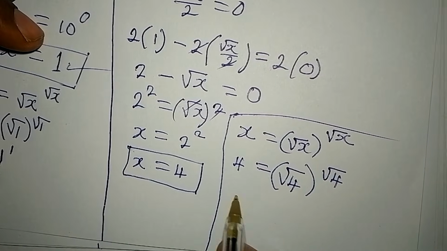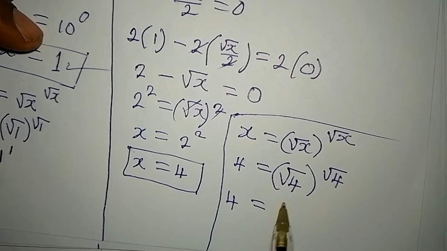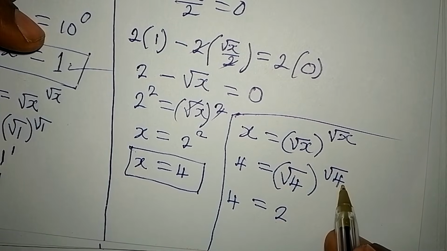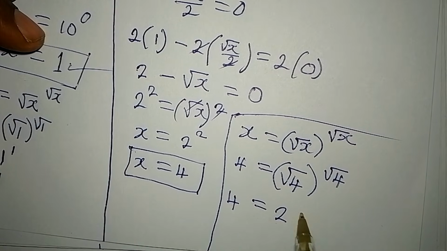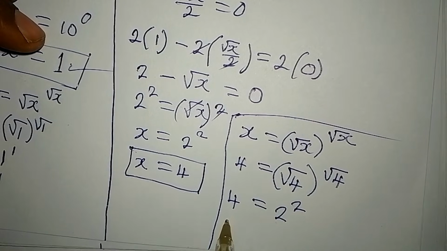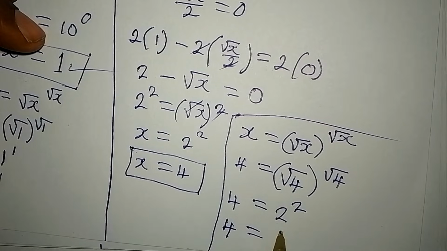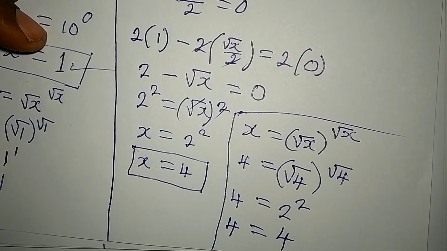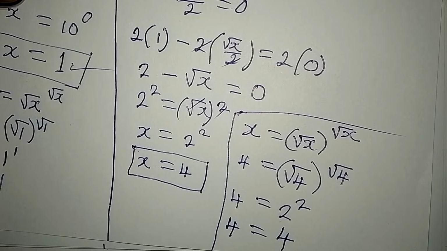Now this means that we have 4 here, and it's equal to square root of 4 is 2. And then square root of 4, which is the power, is also 2. And 2 to the power of 2 is 2 times 2. So we are saying that 4 is actually equal to 4, meaning that what we have on the left and on the right hand side are the same, right?